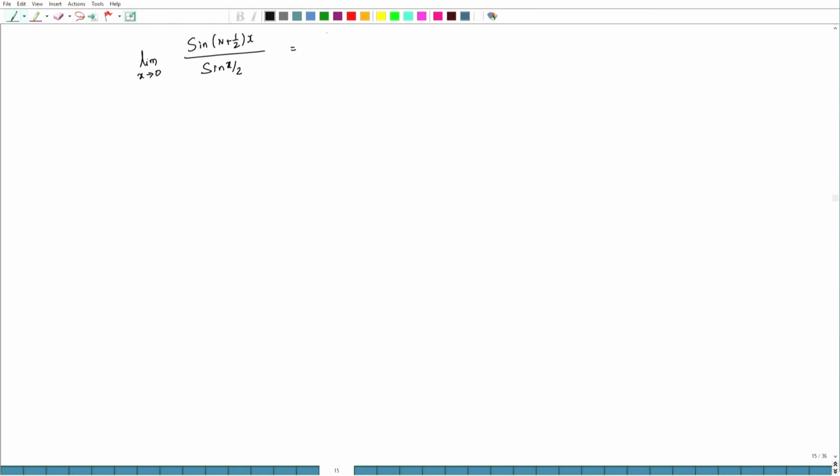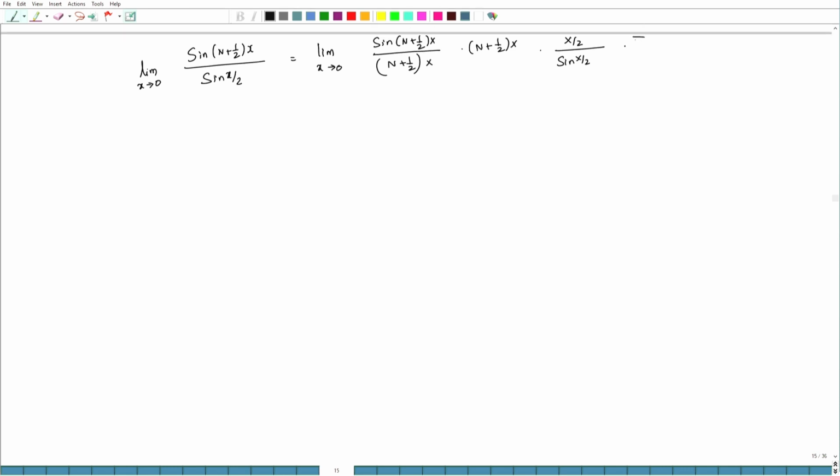By doing that, if I write it as limit x goes to 0 of sin (n plus 1/2) x divided by (n plus 1/2) x, into (n plus 1/2) x, and then x by 2 divided by sin x by 2, and then 1 over x by 2.